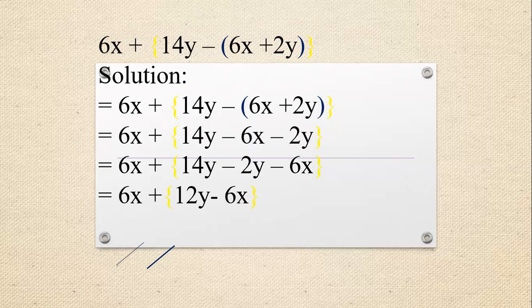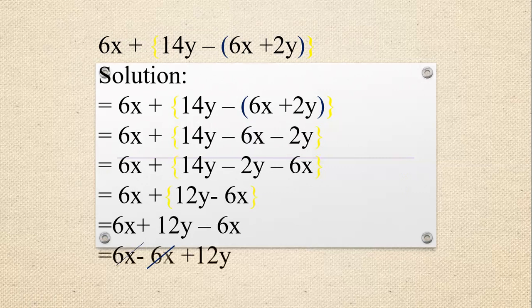The expression will become 6x plus 12y minus 6x. Here we have two like terms, plus 6x minus 6x. Both will be cancelled out and the answer will be 12y only.